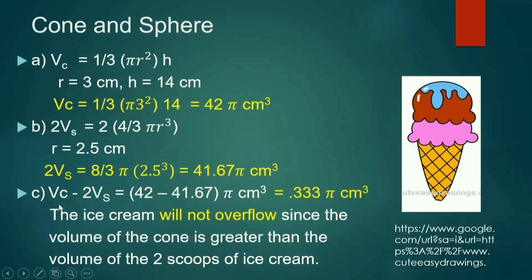Getting the difference, we have 0.33 pi cubic centimeters. Therefore, the ice cream will not overflow since the volume of the cone is greater than the volume of the 2 scoops of ice cream.